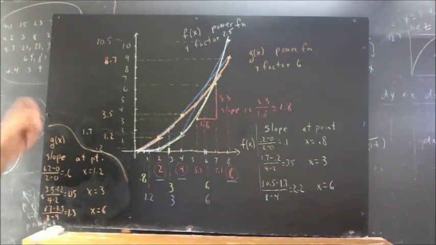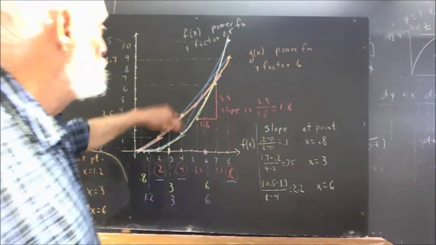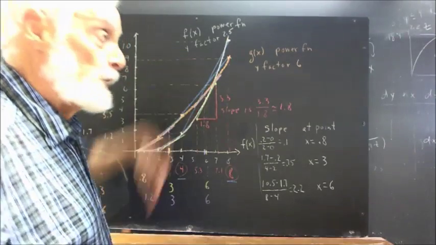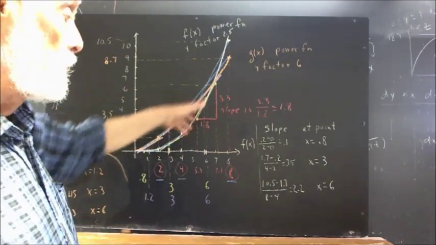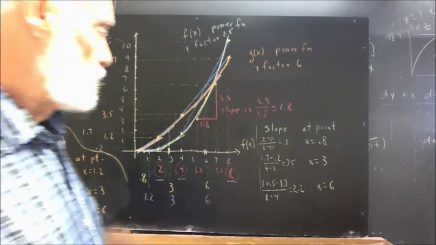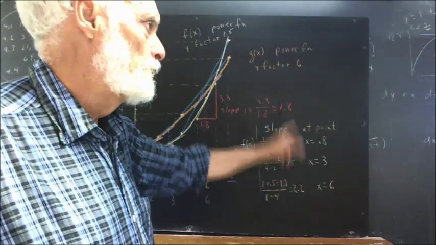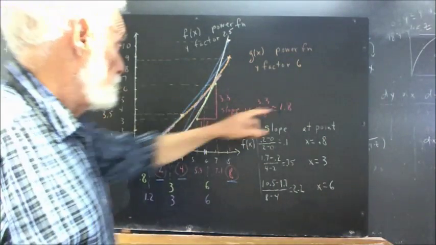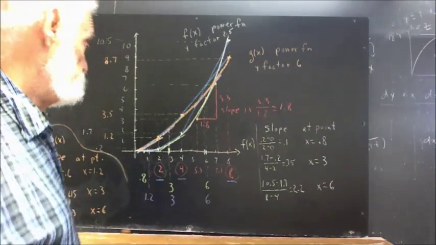Now it's going to turn out that the slope of the blue chord, which is supposed to be the same as the slope of the green tangent line, was 2.2, which is close to, but a little bit different than the 1.8.